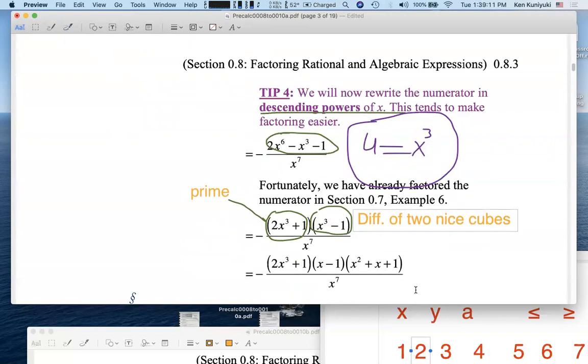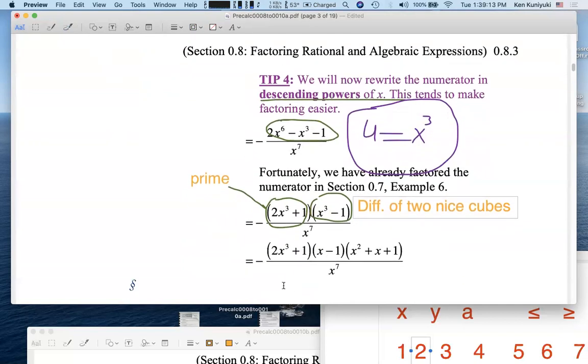All right. So in the end, and we do turn out to be done here, we get the opposite of the fraction 2x cubed plus 1, that factor, times the factor x minus 1, that's the binomial that comes from x cubed minus 1, times the trinomial factor x squared plus x plus 1. And we are following the SOAP acronym for the signs.